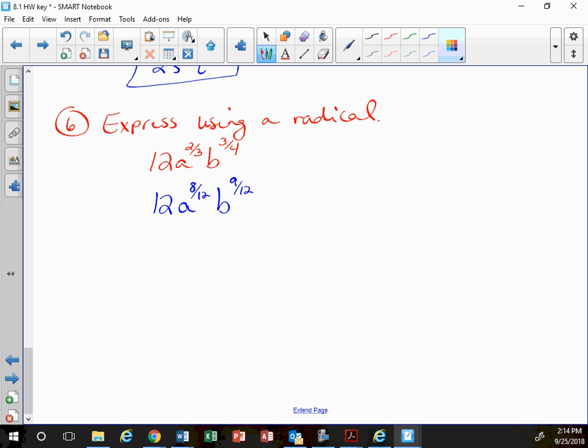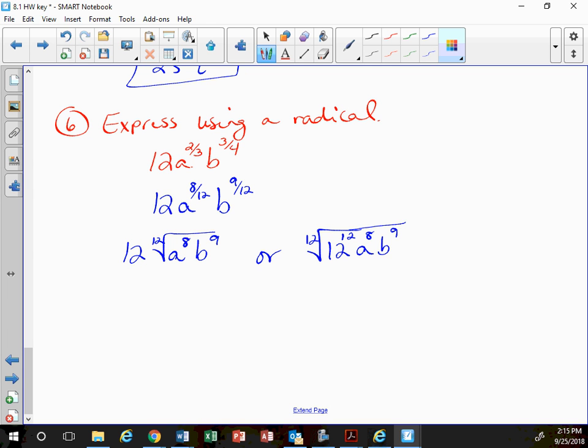If you want to put it under the radical, you can't just put a 12 under the radical. So there's two different ways to write this. You can leave the 12 outside and then say the 12th root of a to the 8th, b to the 9th. Or if you think the 12 looks lonely out there, if you bring that under the radical, it's 12 to the 12th, a to the 8th, b to the 9th.